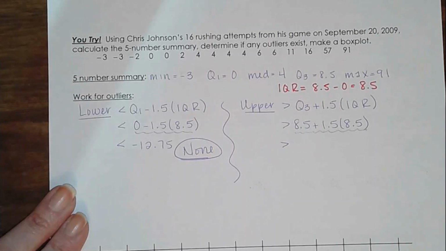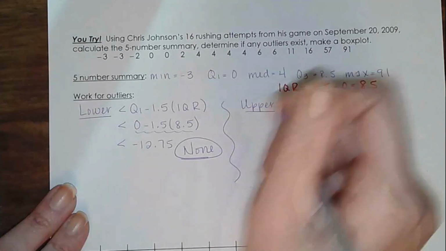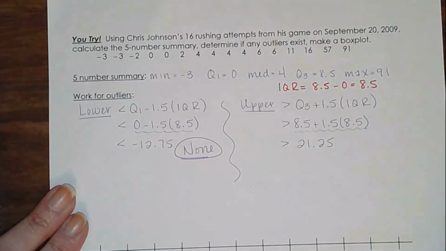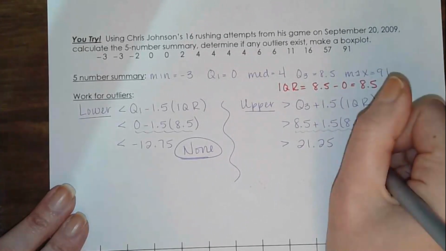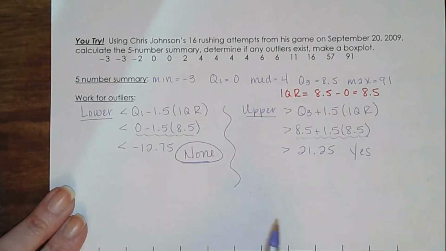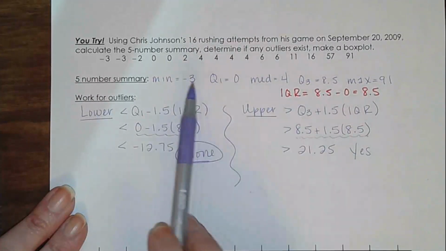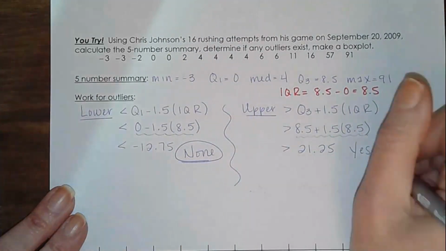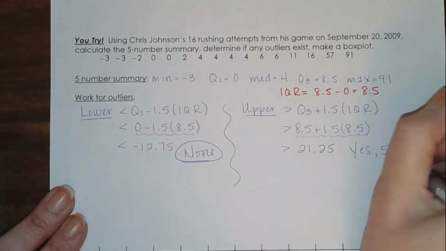Good, thank you. 21.25. Are there outliers in the upper direction? Yes. So look at your data set. Your data set is conveniently in numerical order. What data points are greater than 21.25? Yeah, 57 and 91.